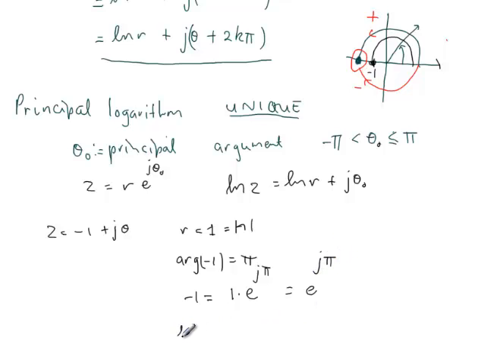Now the logarithm of minus 1 as a complex number will now be equal to ln e to the j pi. Applying rules of logarithms, this is j pi.